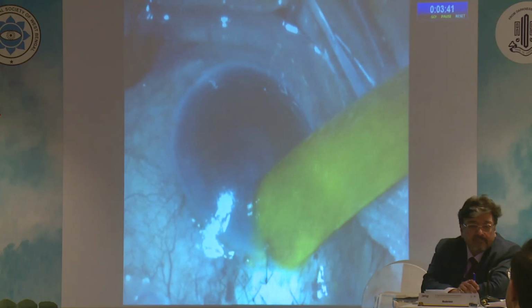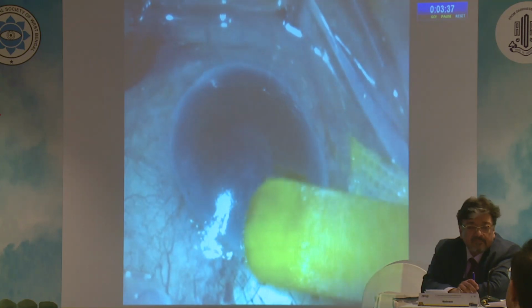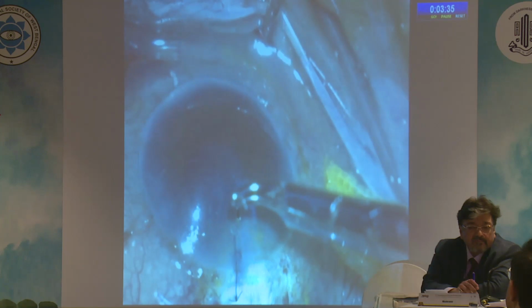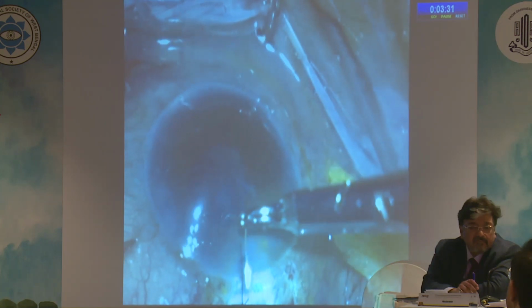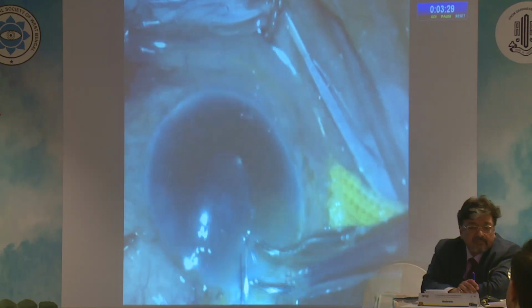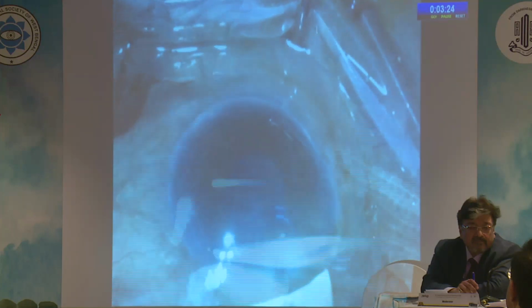Seidel's was done again. Still leak was visible anteriorly. Another 10-0 suture was placed anterior to the previous suture. Cheese wiring of the scleral flap was noted. A scleral patch graft was placed.